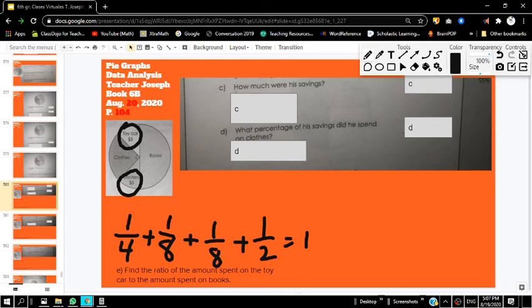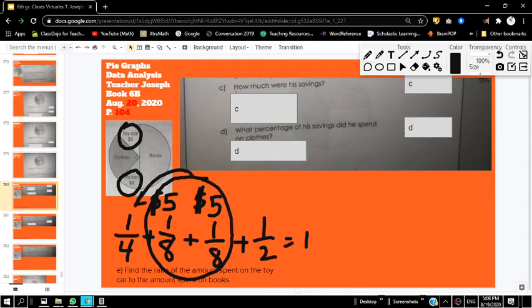Well, we already know that 1/8 equals $5, and another eighth equals $5. So what we can do is we can take $5 plus $5 to also equal our 1/4. Well, 5 plus 5 is 10.